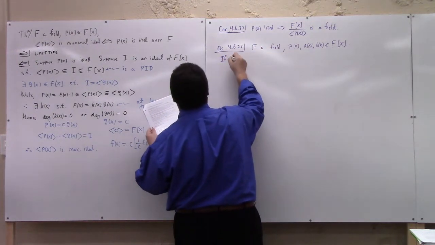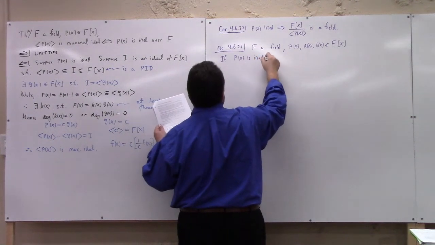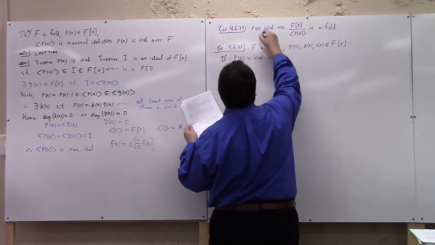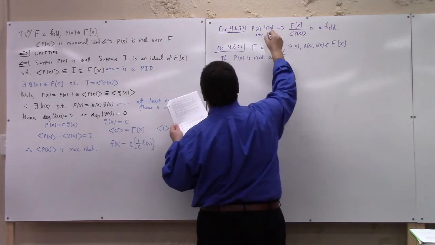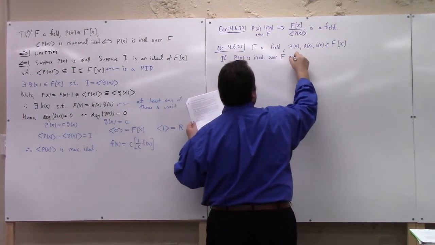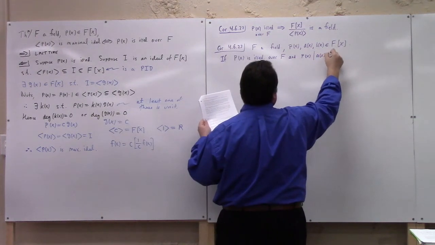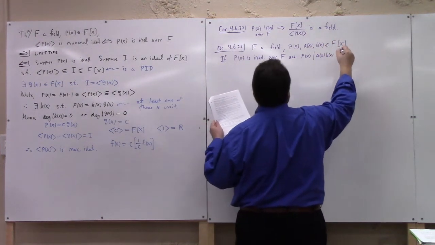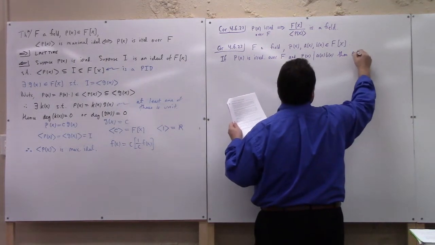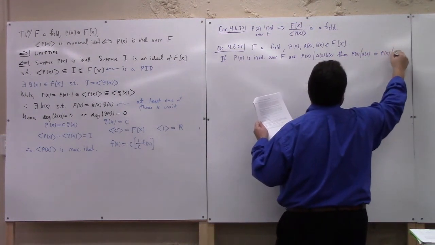If p of x is irreducible over F, and p of x divides the product of a of x times b of x, then p of x divides a of x, or p of x divides b of x.